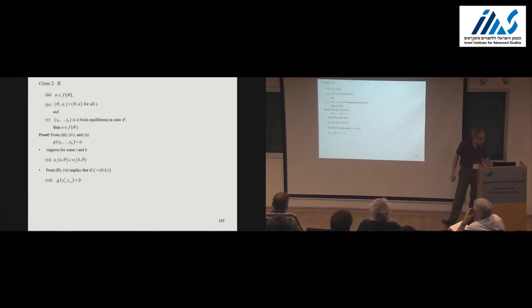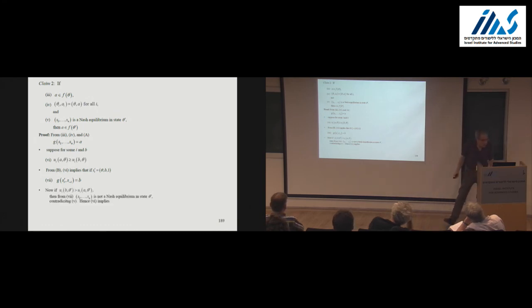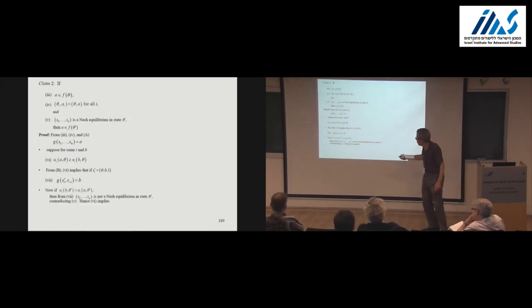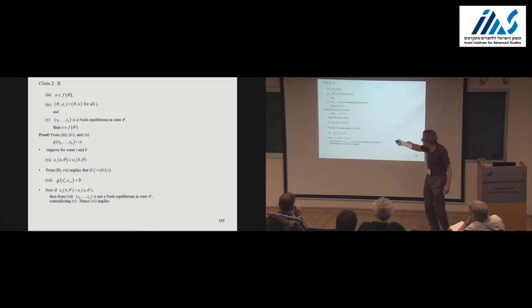But that means, since we're assuming that S1 through Sn is a Nash equilibrium, that B cannot be better than A for the true preferences. Because if it were better for I under the true preferences, I could deviate and get B. The fact that he doesn't, the fact that this is a Nash equilibrium, means that this inequality is false.